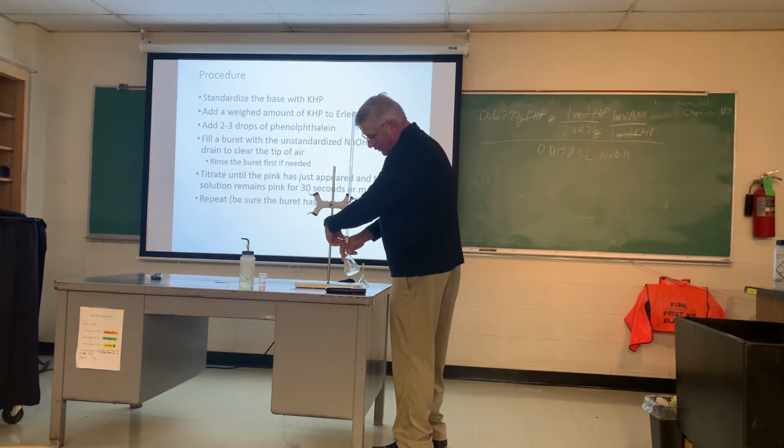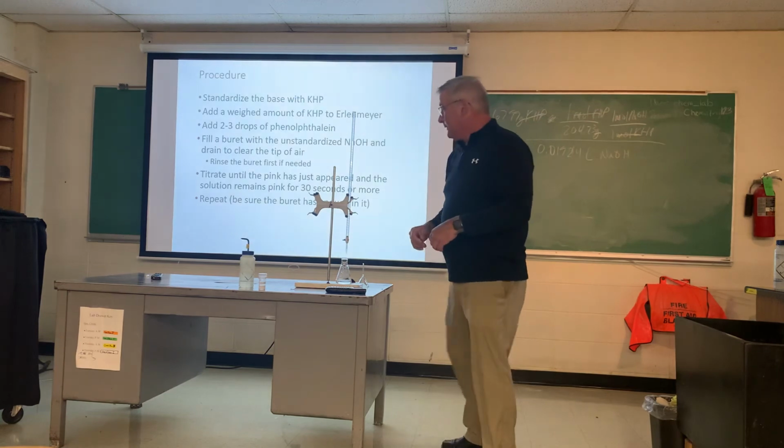And I'm swirling it, and so I'm watching the solution drop into the flask as I'm swirling, and I'm watching for a sustained color change that holds for 30 seconds. As I approach the end point, that red will stay longer and longer, and so you'll need to slow down the volume delivery as that approaches. And so in that technique.